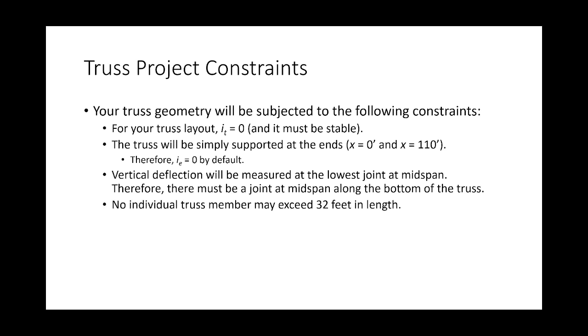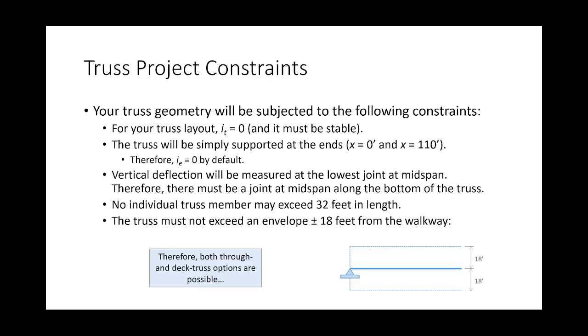No individual truss member may be longer than 32 feet. Okay? And finally, the truss must not exceed an envelope plus or minus 18 feet from the walkway. So what that means is, like, if here's your walkway, right? Here's where the people will walk.